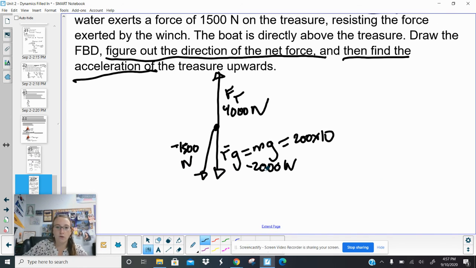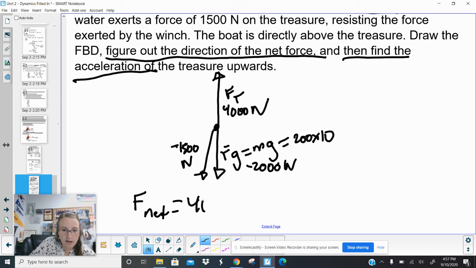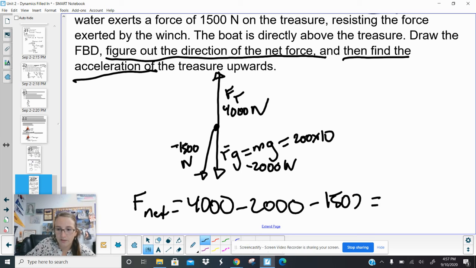So let's find the net force. Force net equals 4,000 upwards minus 2,000 of the weight of the treasure minus 1,500. This is going to give us a net force of 500 newtons, and it is going to be upwards, but it's positive.